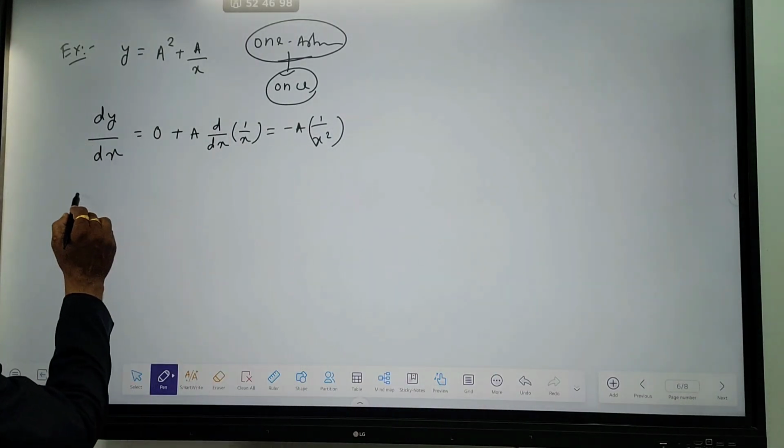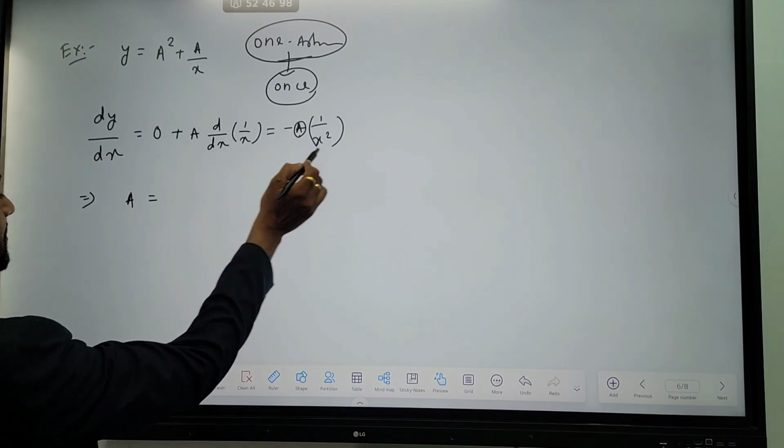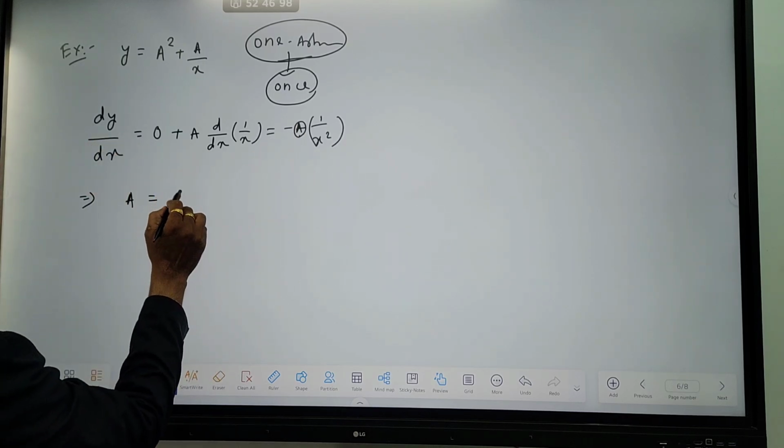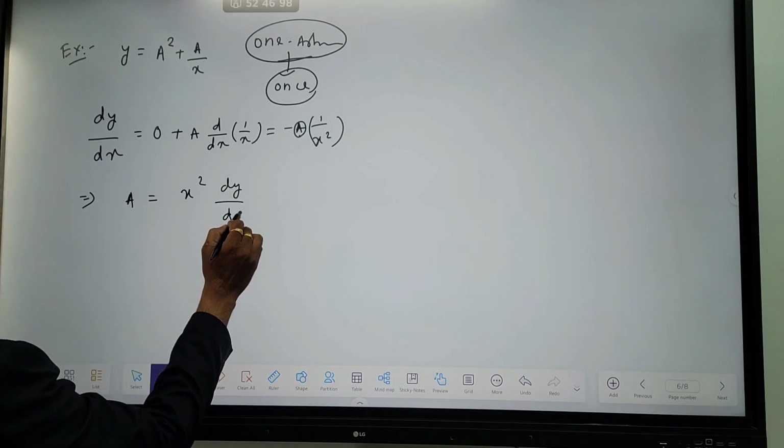Okay, so I can write down from this expression, a is equal to, cross multiply करो, so मतलब minus x square dy by dx.